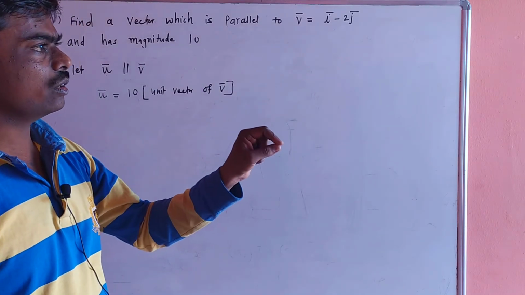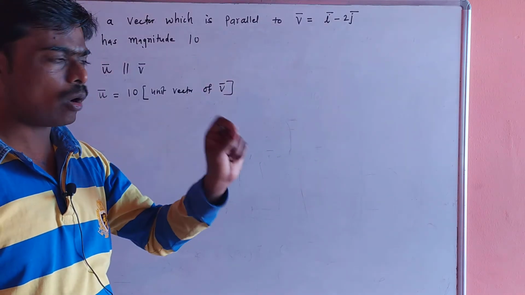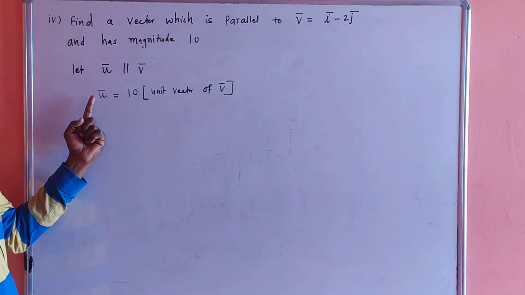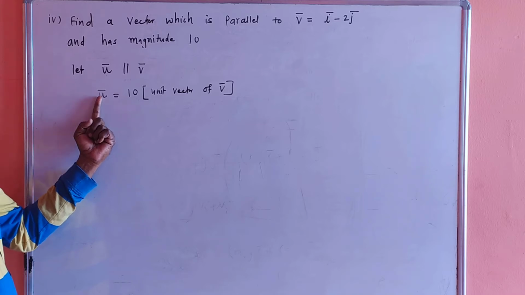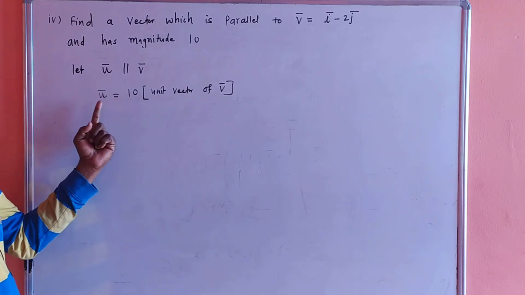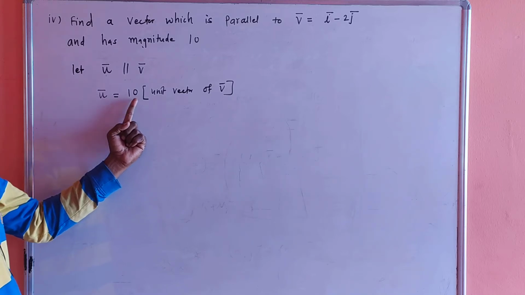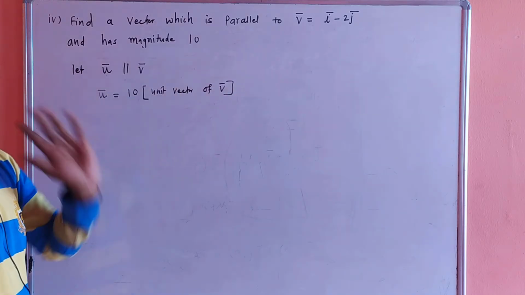Firstly we have to find the unit vector of vector v, which represents the same direction as that of u, but its magnitude is 10 times. So I write the equation: vector u is equal to 10 times the unit vector of vector v.